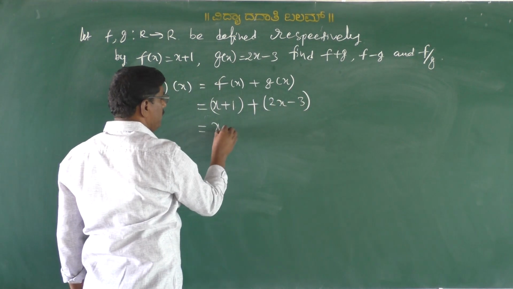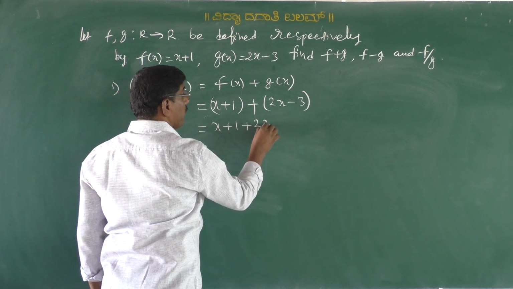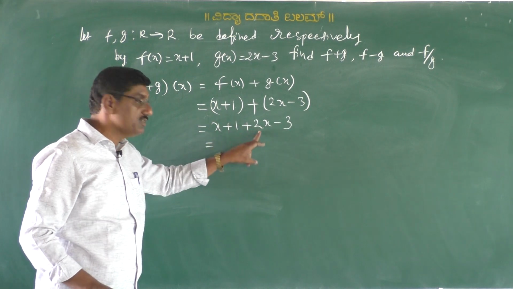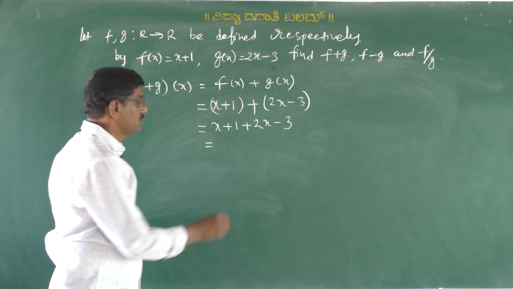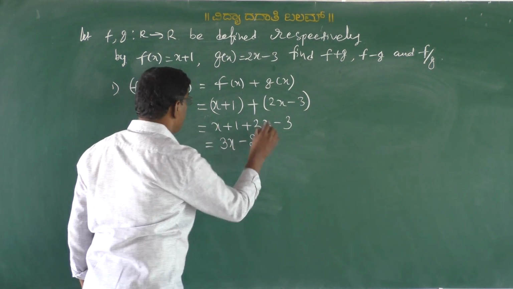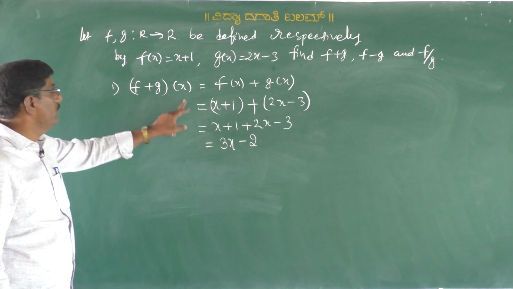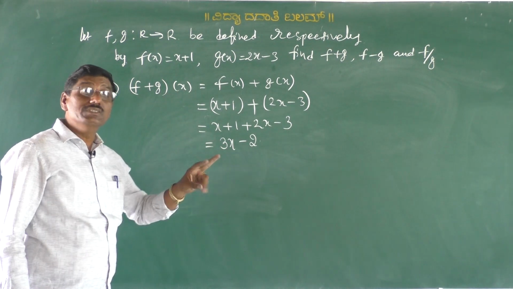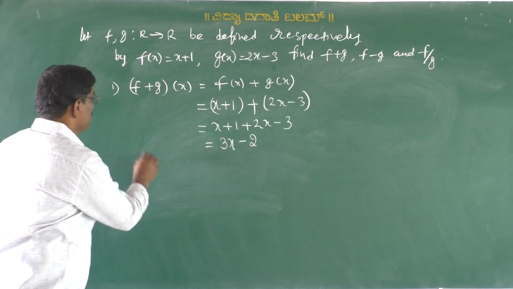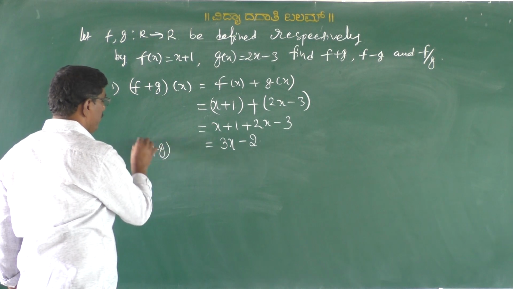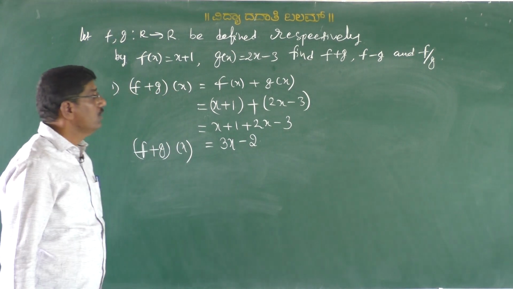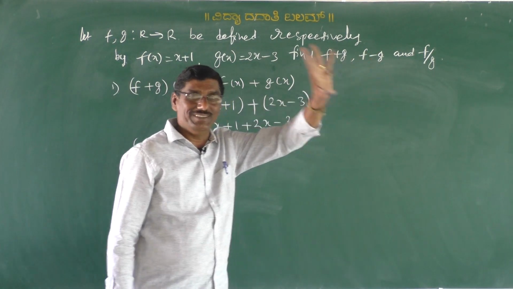Now, this can be expressed as x plus 1 plus 2x minus 3. My dear students, x plus 2x, sum is 3x, and 1 minus 3 is minus 2. That means f plus g of x, the sum of these two real functions, is 3x minus 2.